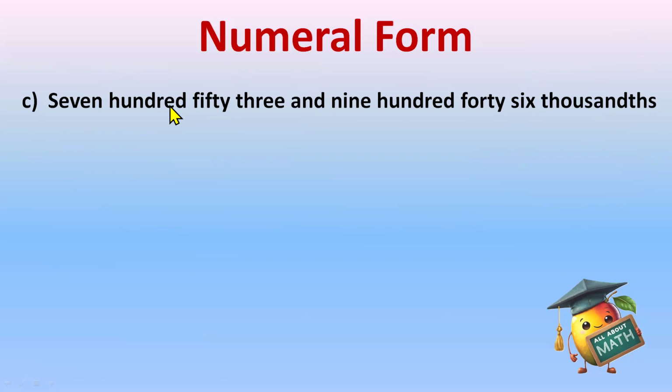So first we'll go before decimal hundreds place, after decimal thousandths place. Let's write down the place value chart. So this is decimal, ones, tens, hundreds, tenths, hundredths, thousandths. Let's write down the digits below the places. 700, 7 will come under 100, 53 will come under tens and ones, decimal under decimal.